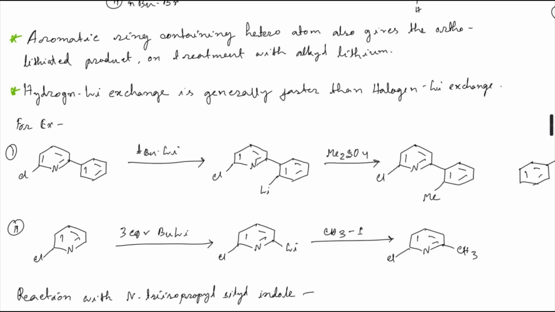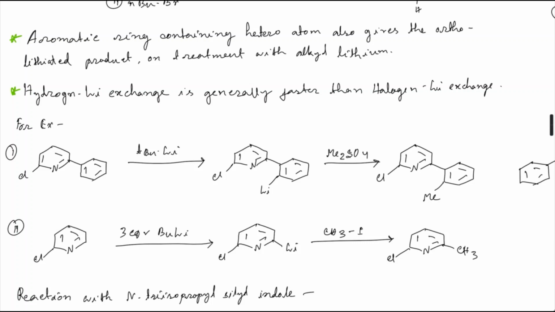One important thing here is that hydrogen lithium exchange is generally faster than halogen lithium exchange. If a substrate has both halogen and hydrogen, then the hydrogen lithium exchange will take place more rapidly than the halogen lithium exchange.